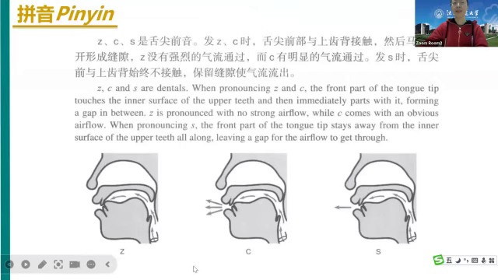The second one is c. You can feel the air flow out of our mouths. Okay. First one, second one, third one. Okay.